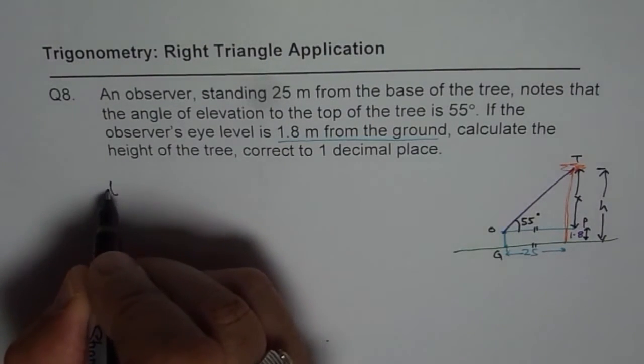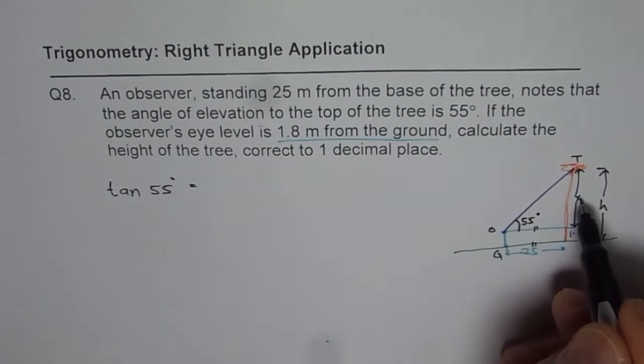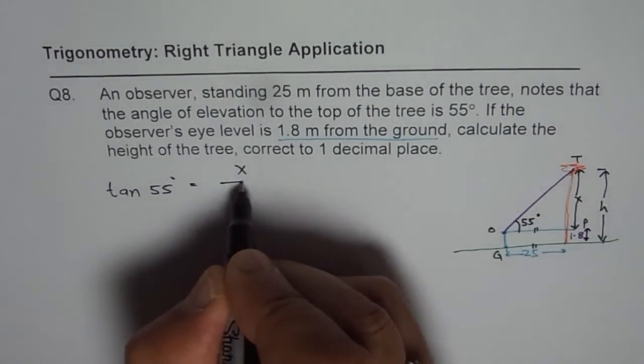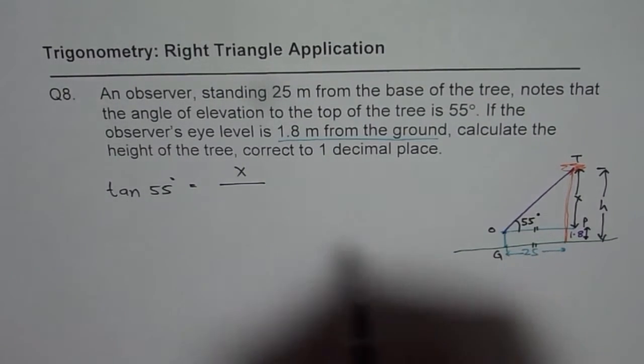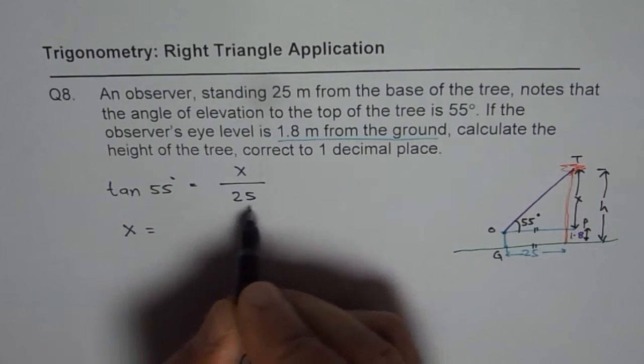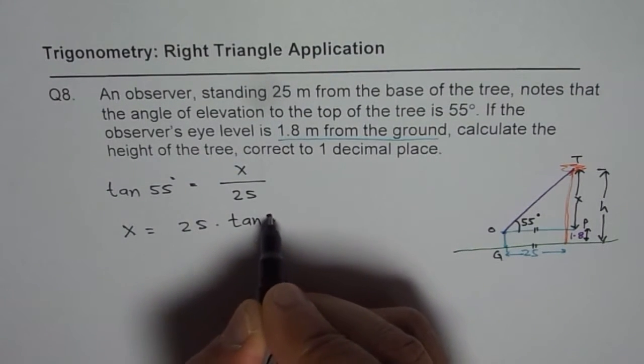So it is tan of 55 which we are going to use, since we want to know opposite side, which is x for us, divided by adjacent side, which is known as 25, correct? From here we can find what x is. X is 25 times tan of 55 degrees.